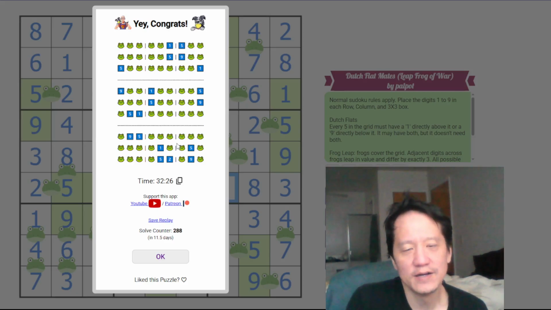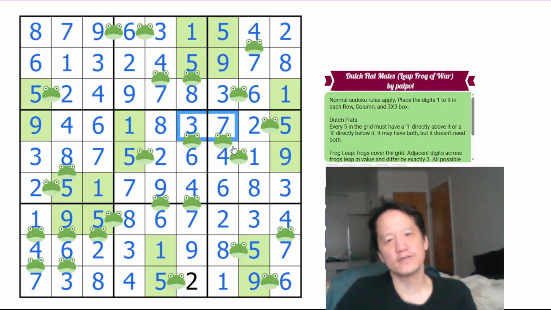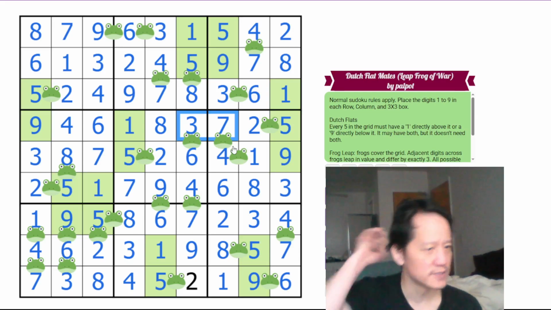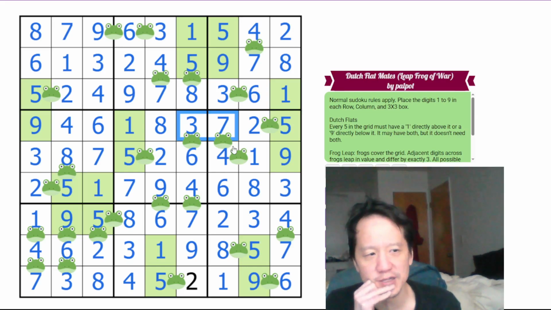Interesting. Pretty cool, yeah, because it had the 1-5, it had the 5-9, 5-9, 1-5, yeah. Interesting use of Fog of War and the Dutch flatmates. I'm not very good with Dutch flatmates, so that's why it took me a little longer.